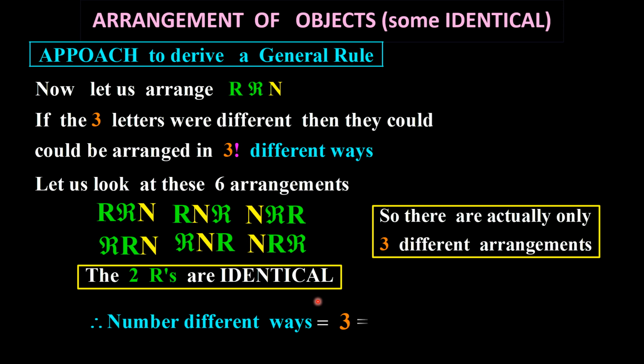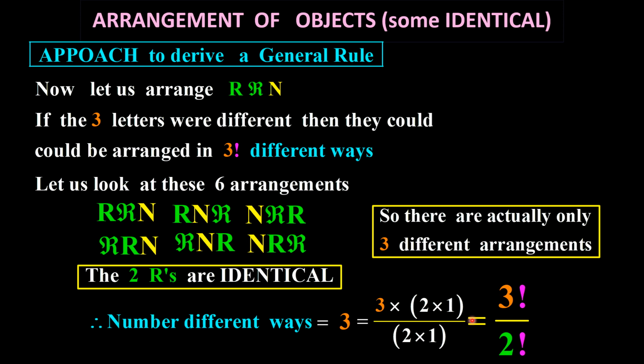Okay, but let's see what we can do with that 3. Again, the same way, using our identity of multiplying by 1. If I multiply the 3 with 2 times 1, and then I divide it by it, I haven't changed it. And what do you notice about 3 times 2 times 1? There, we can have a short way of writing that. That is 3 factorial.